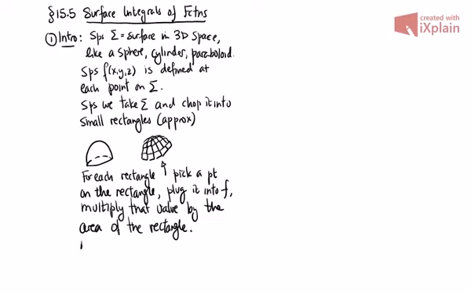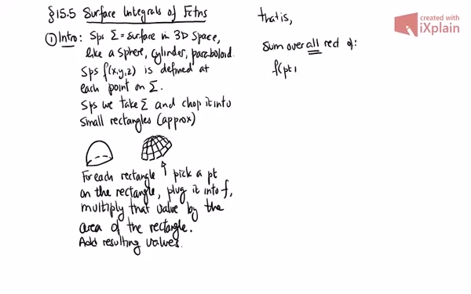And then we'll add all the resulting values up. So abstractly, we take the sum over all rectangles of the quantity f at a point in the rectangle multiplied by the area of the rectangle.